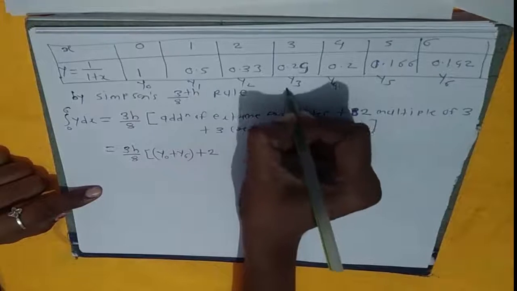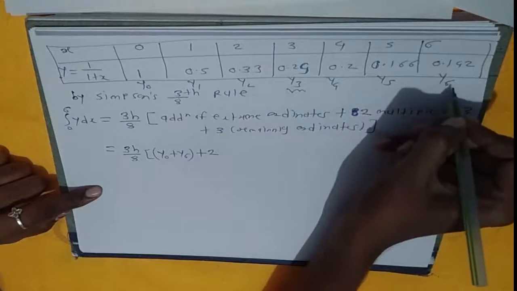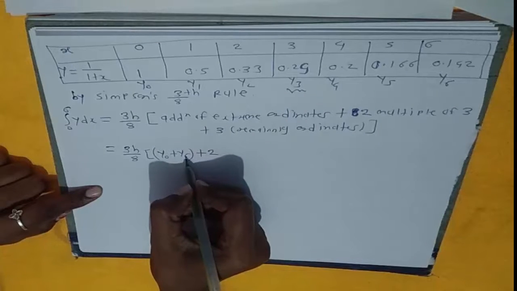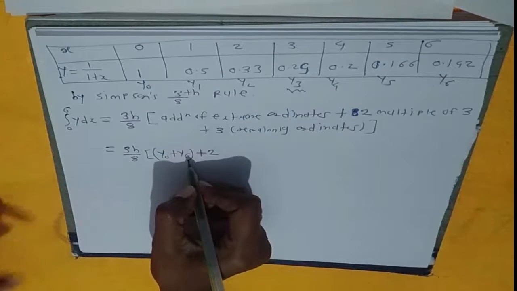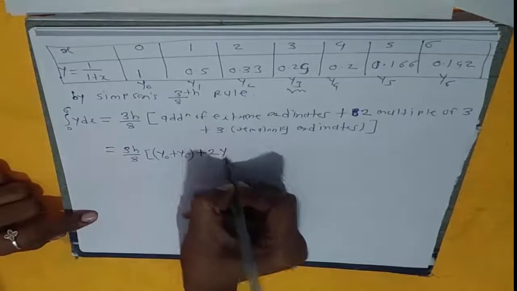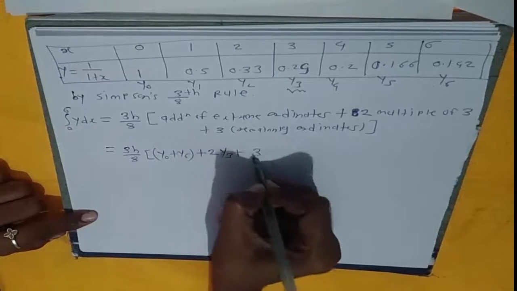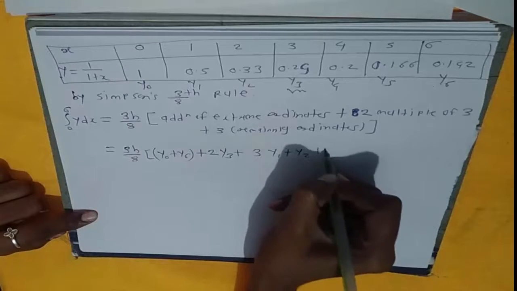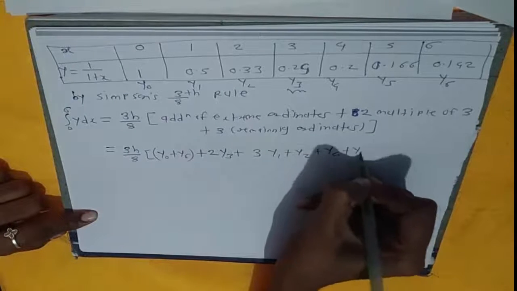So the multiple of 3 here will be y3, but y6 is the extreme, at the right here. So here only 2 times y3, plus 3 into the remaining ordinates, that are y1 plus y2 plus y4 plus y5, in bracket.